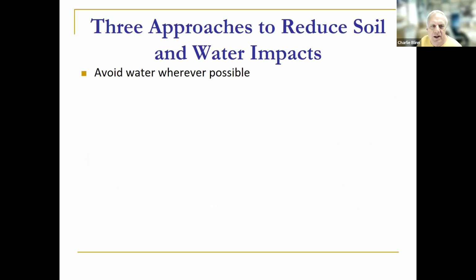So the science tells us there might be really 3 different approaches to think about reducing soil and water impacts. And the first one, David, I think did a great job talking about it, is avoid water wherever possible. So in your planning process, think about what are some alternatives that I could implement to avoid crossing water, building approaches, or so on.